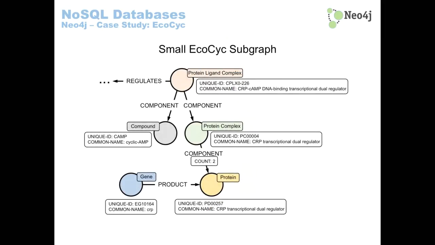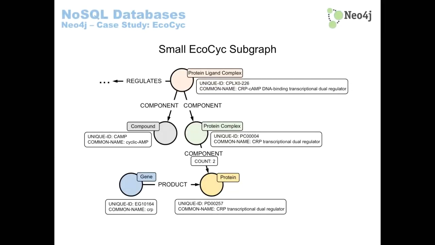And so this is just a small subgraph of the EcoCyc graph that captures that information from those entries that we were looking at, where this particular gene has this protein product.